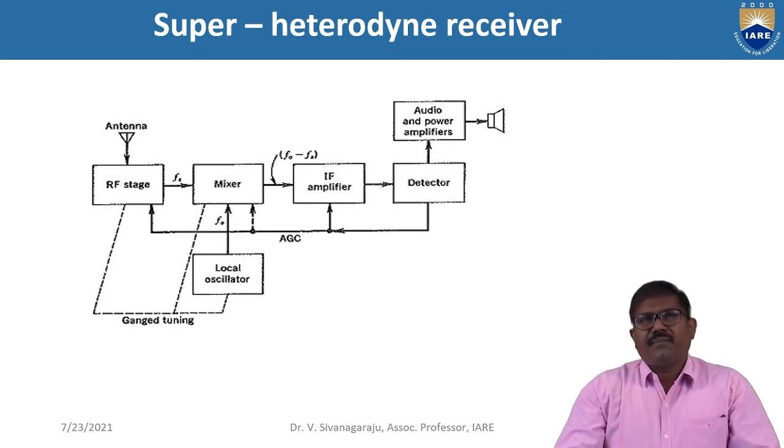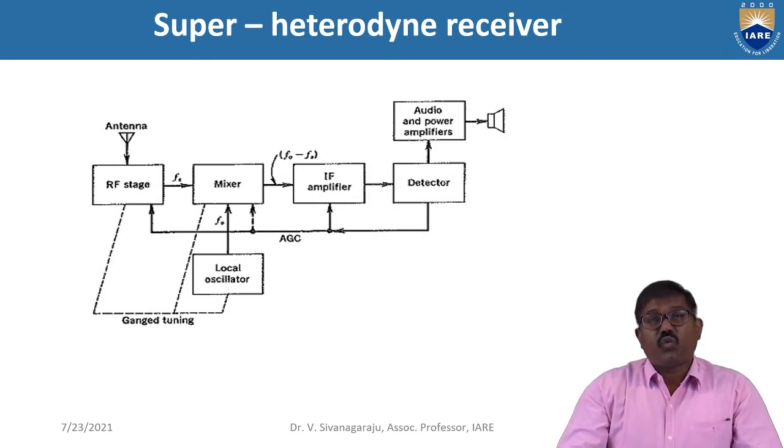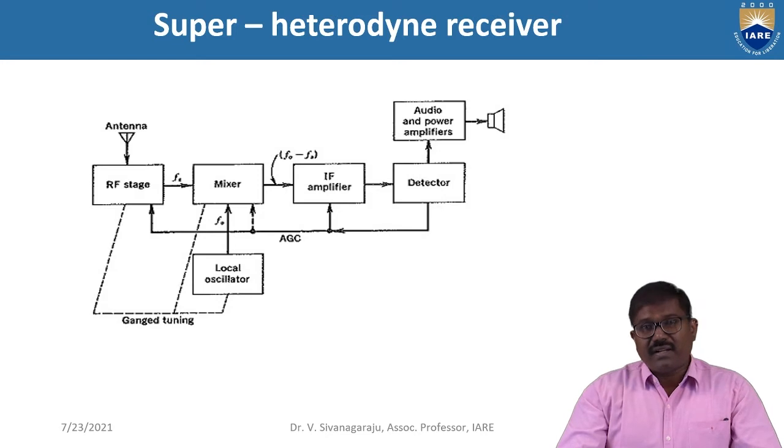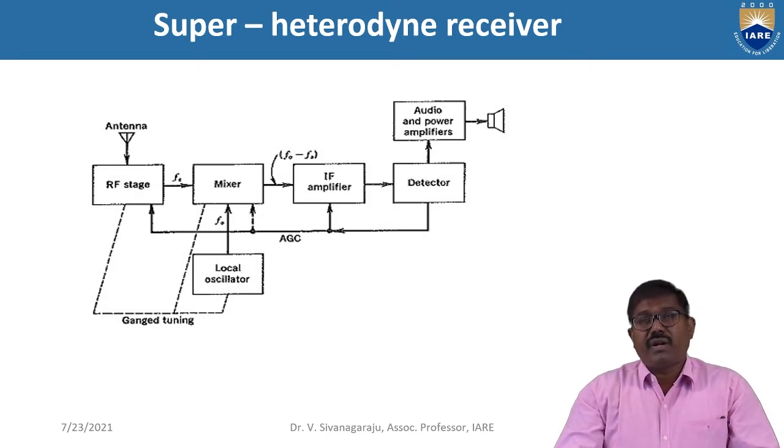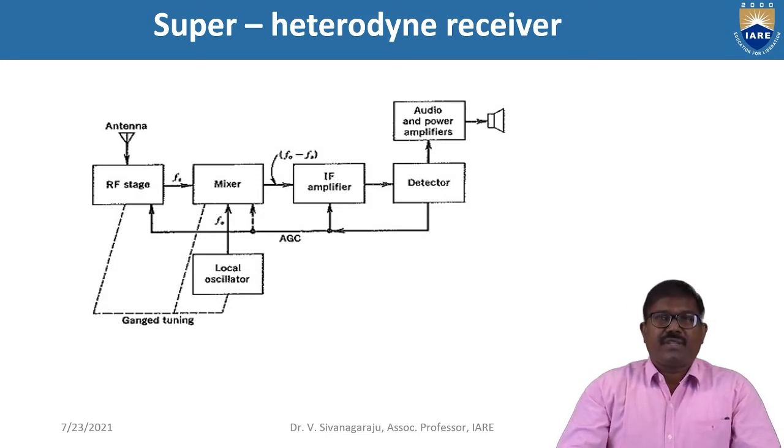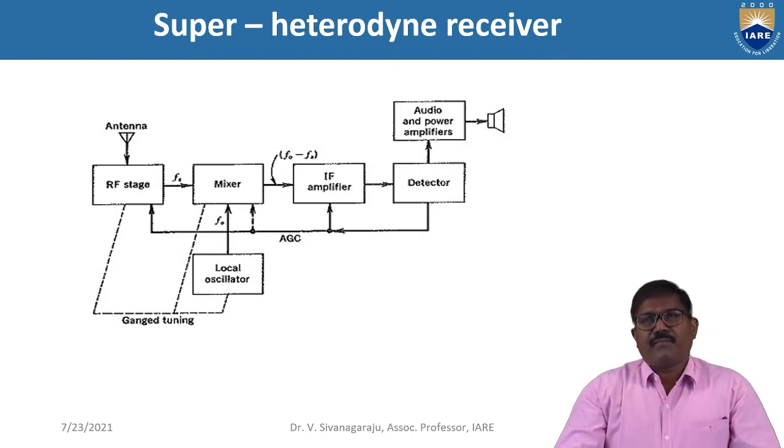Here again, this antenna is going to select the signal from all unwanted signals, and then it is coupled to the RF stage. This RF stage has an RF amplifier, and another one is the mixer. Here we generally use down converting mixing, and after mixing we go to the IF stage, that is the intermediate frequency amplifier. Simply you can call it the IF amplifier.